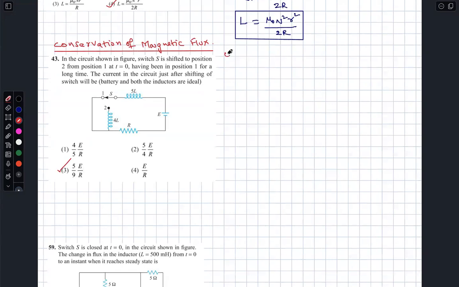Now see, while the switch is in S1 state, you have a steady current passing through.